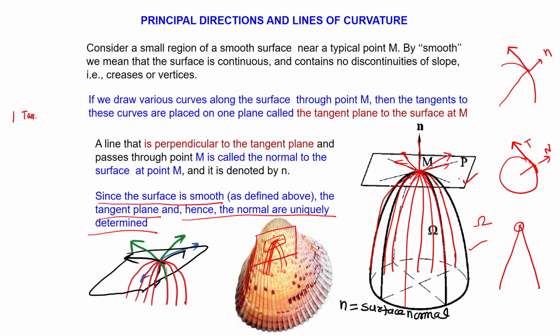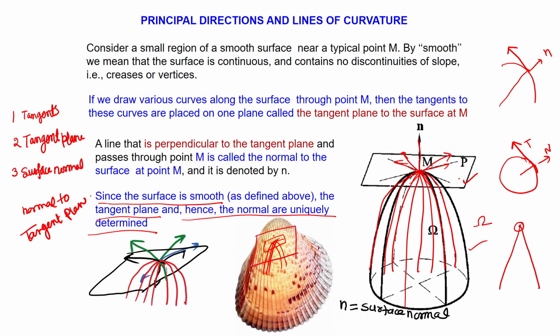Tangent planes, basically tangents, then tangent planes, third is surface normal, basically normal to the tangent plane. It is denoted by N.